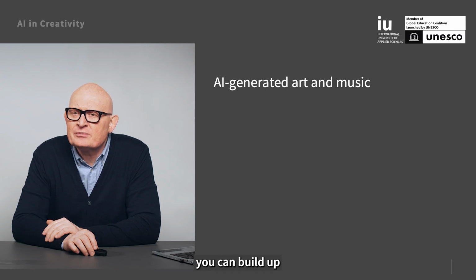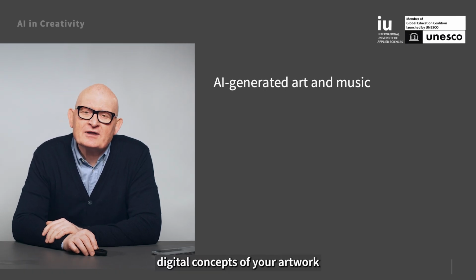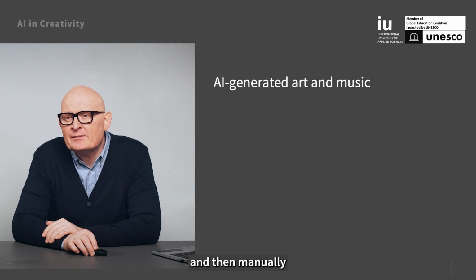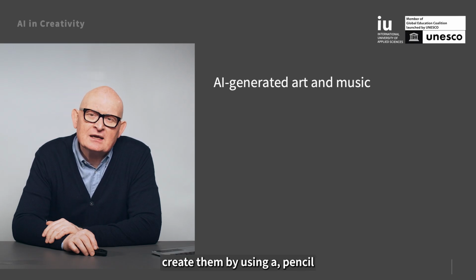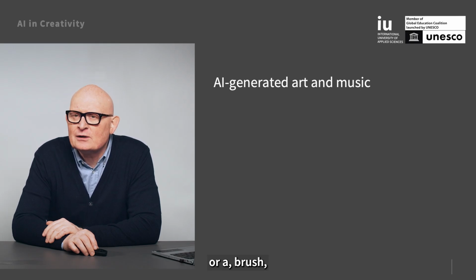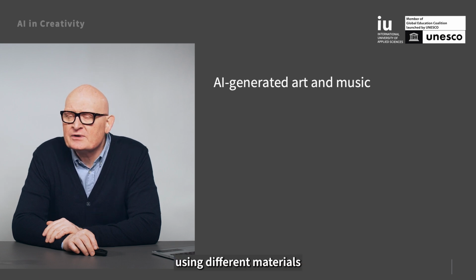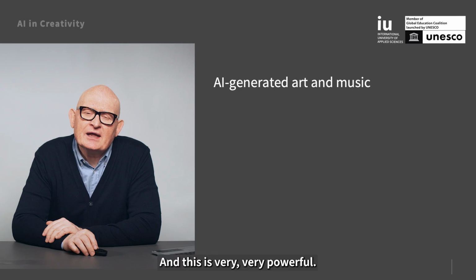You can build up digital concepts of your artwork and then manually create them by using a pencil or a brush, using different materials and so on. And this is very, very powerful.